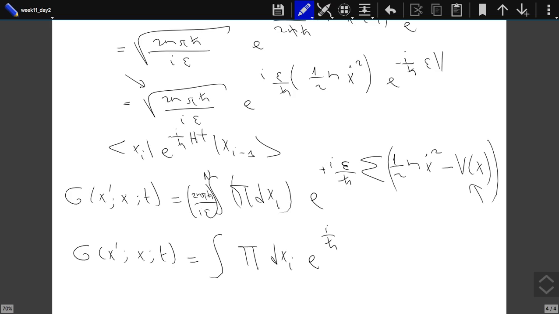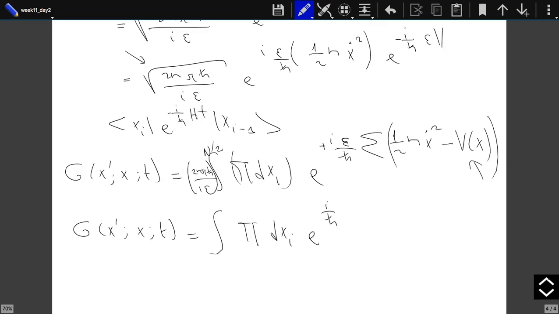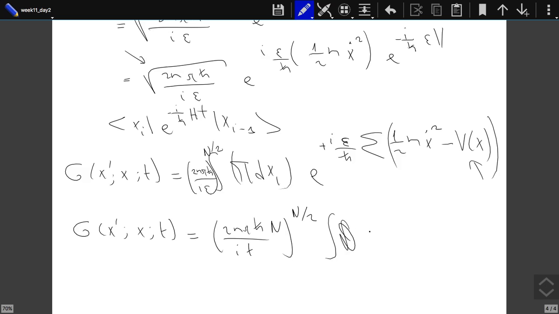So it is (2 m pi h bar over i t) times n to the power n over 2, if we didn't forget any other factors of n, etc. And then we have this measure over x, e to the power i over h bar, dt s.